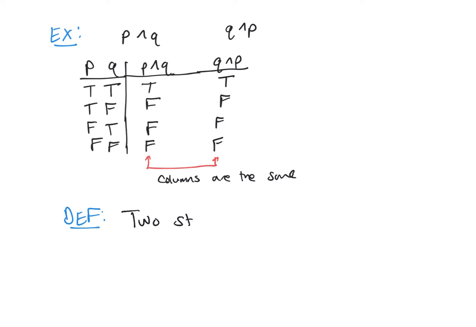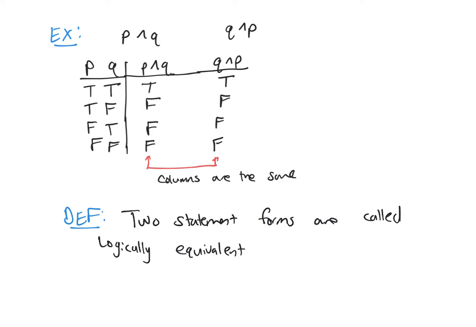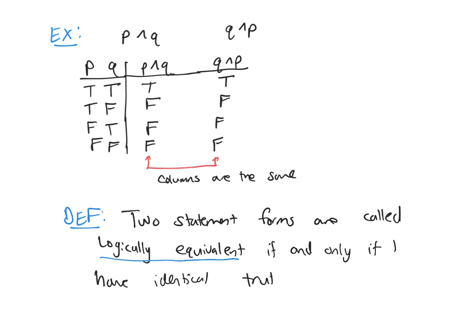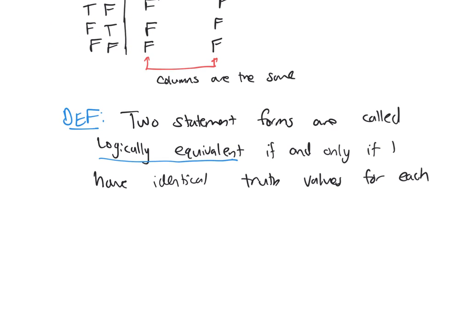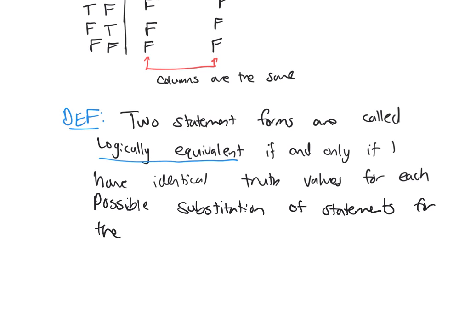Two statement forms are called logically equivalent if and only if they have identical truth values for each possible substitution of statements for their statement variables.